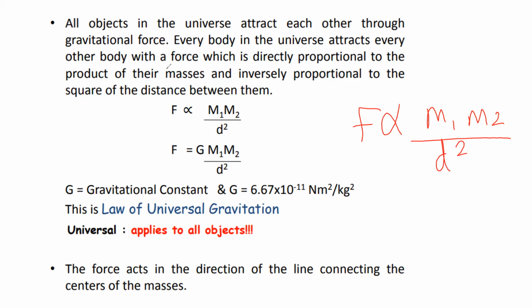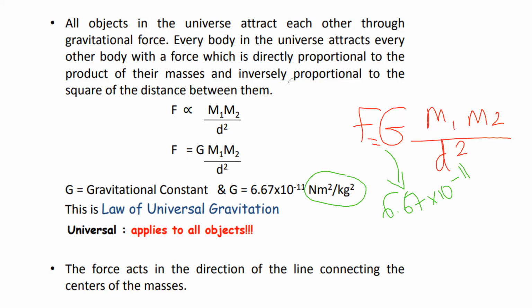And then they found that this constant K is G. And this G has a value. This value is 6.67 times 10 to the power negative 11. Now be careful, what's the unit?